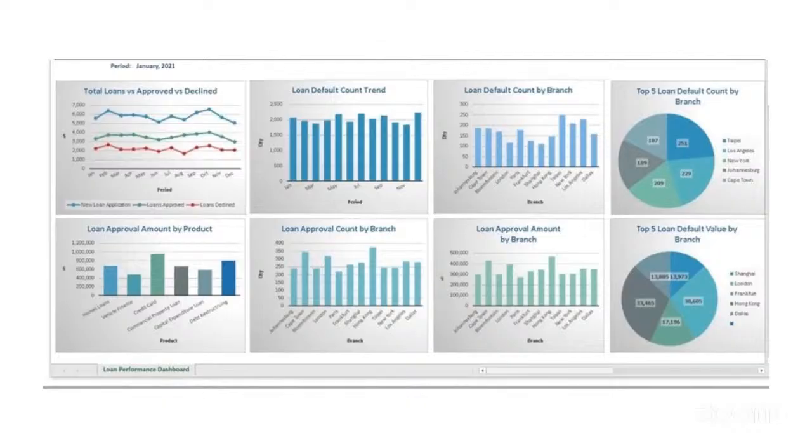All the visuals related to total loans or new applications should be affected. Suppose the default, I want to see how many defaulted in January, by branch or in total. It will reflect on all the visuals related to that.